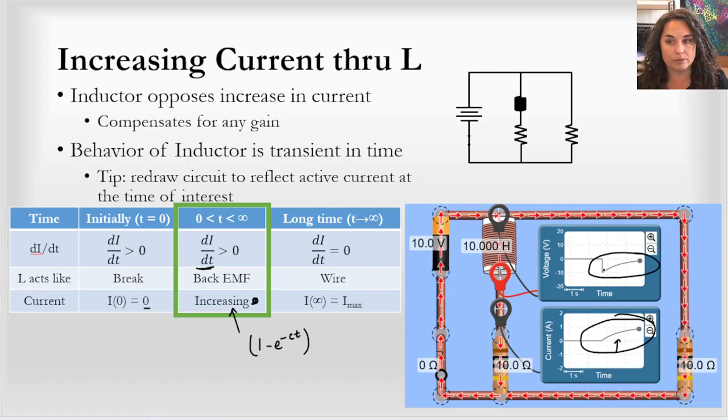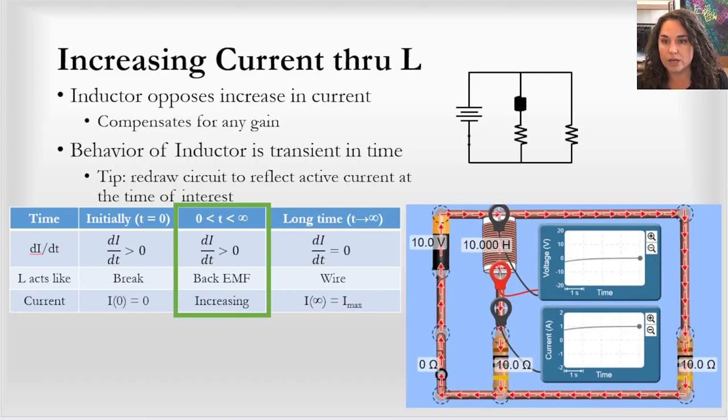It started out with some maximum voltage, and it's going down because that current is not increasing as much through time. This value is still greater than 0, but it's smaller than what it was when that switch was initially closed. So we have an increasing current through that inductor and a decreasing voltage.